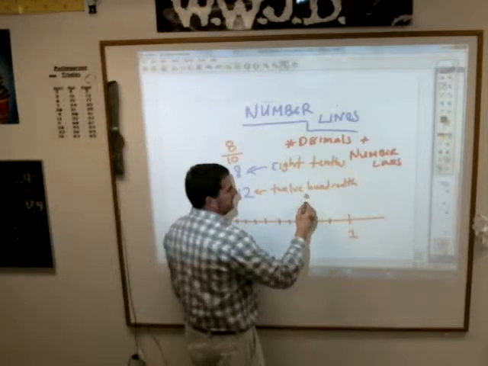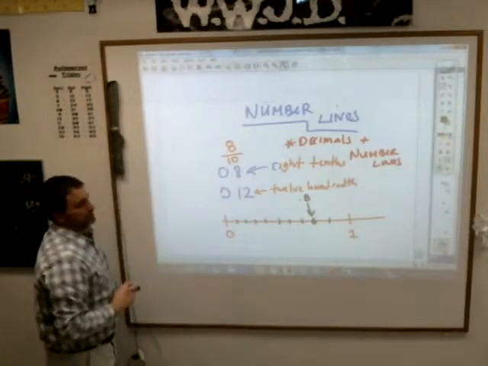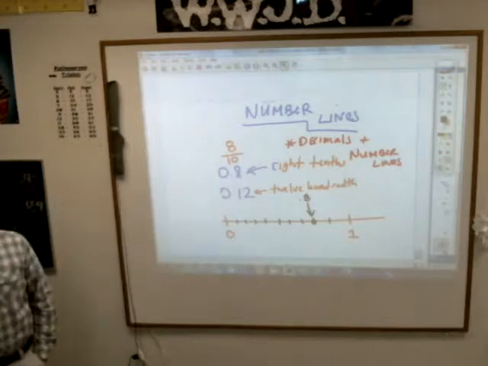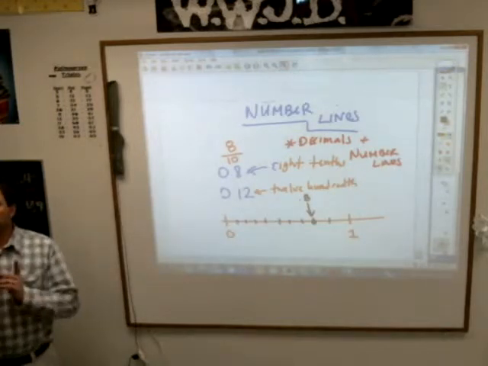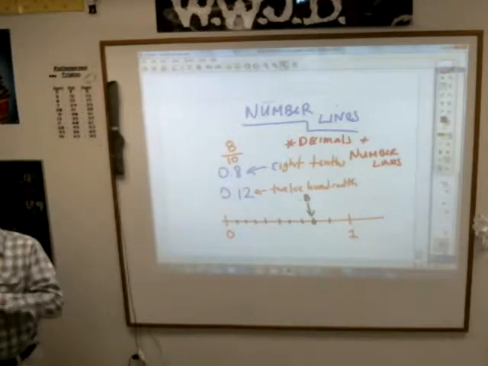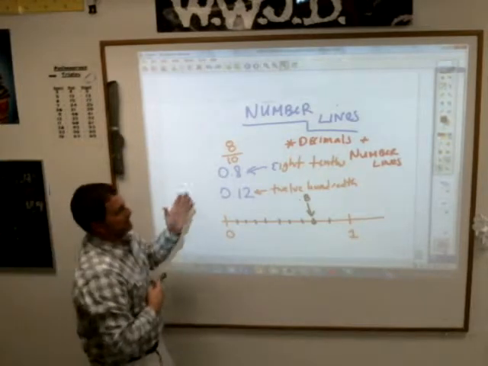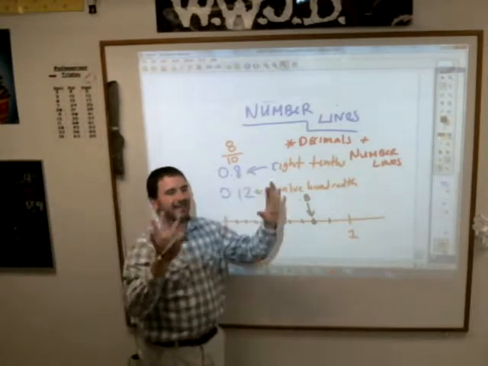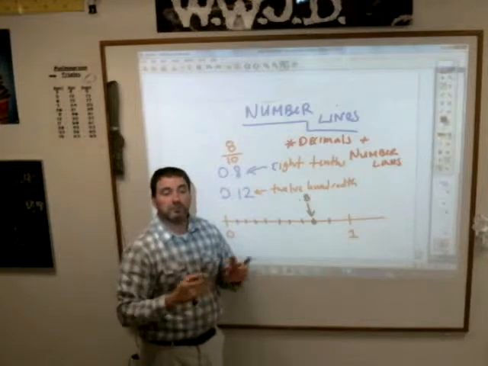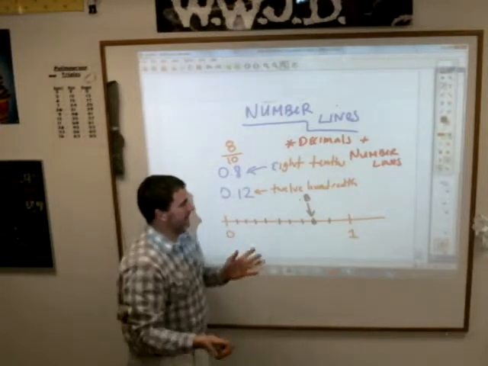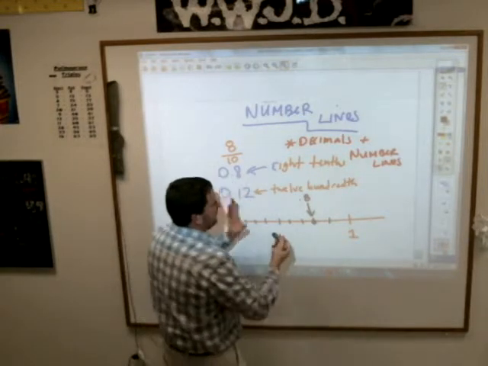That's 0.8. And that, ladies and gentlemen, is the only way that you can show decimals on a number line. A number line has to be split into 10 pieces in order for you to use a decimal to show it. I'll show you where people kind of go wrong.